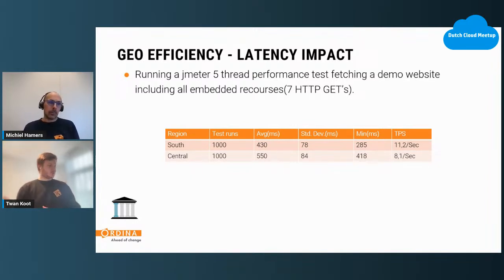But again, it's a trade-off. Do you want to give back a little bit of performance and save a lot of money, or do you have a mission-critical application that needs those 100 milliseconds? Then you should stay on the data center closest to you, but you pay a premium price.